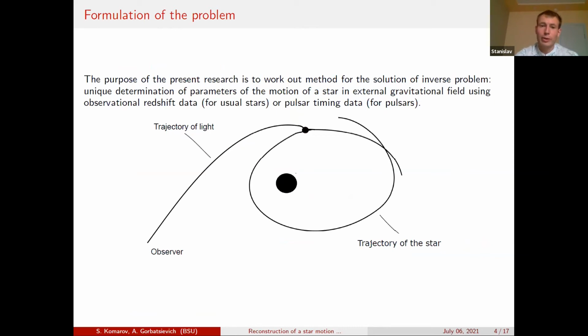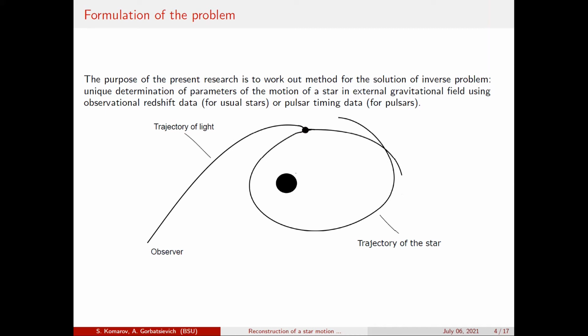And our main theoretical model that we plan to apply to the investigation of the motion of the stars is the following. For the first time, we consider a non-rotating Schwarzschild black hole and one point source that moves around the black hole. This source can emit electromagnetic radiation that propagates through the external gravitational field of this Schwarzschild black hole.